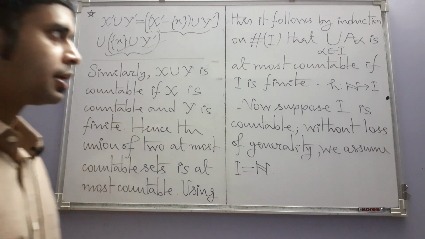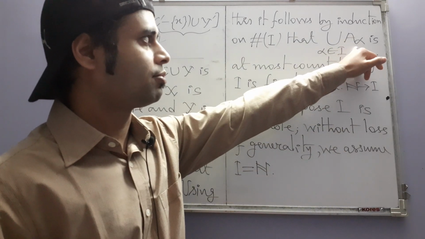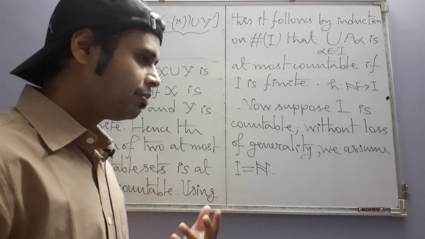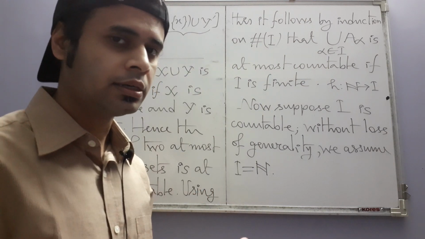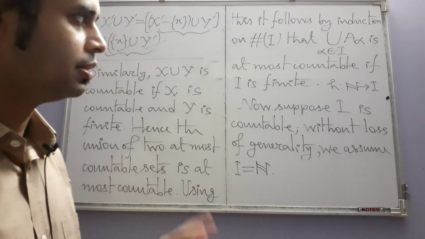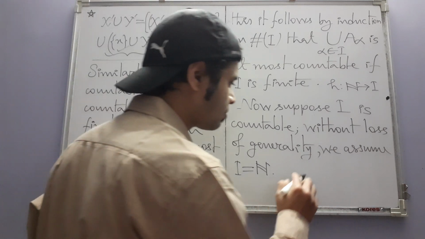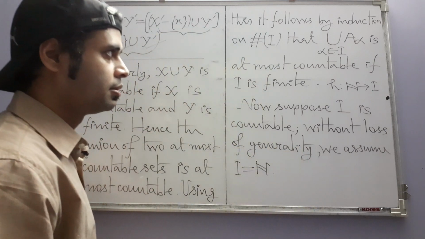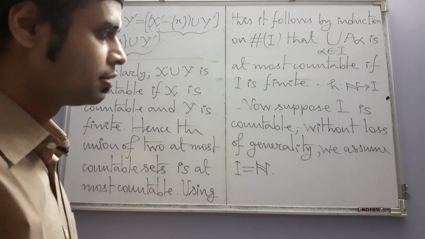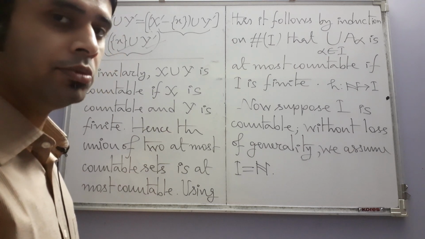Okay. Now the original sets A alpha that are there in this union, they may intersect one another in any manner. I mean, anything can be there. However, we are now going to replace these A alphas with some other sets, B alphas, which are going to be mutually disjoint.